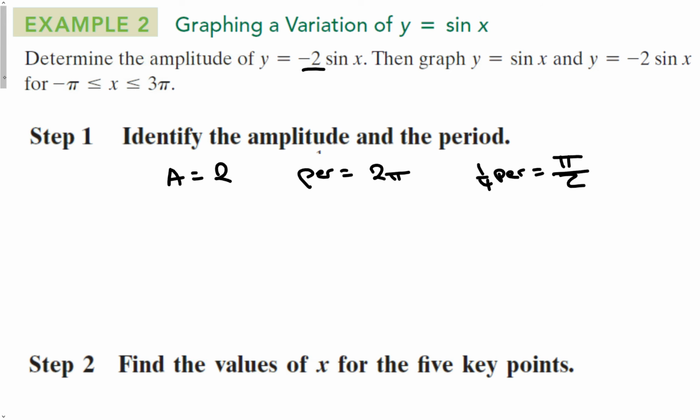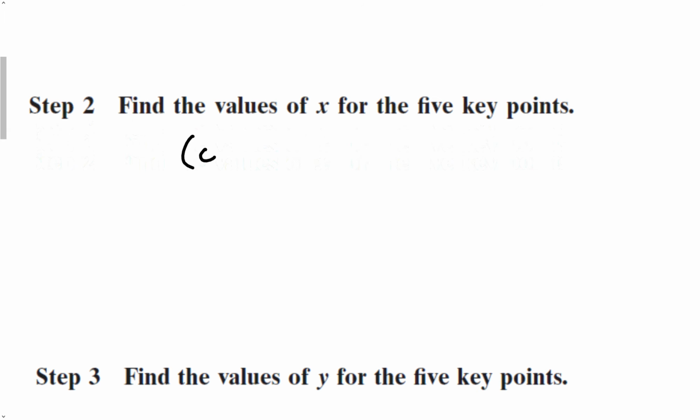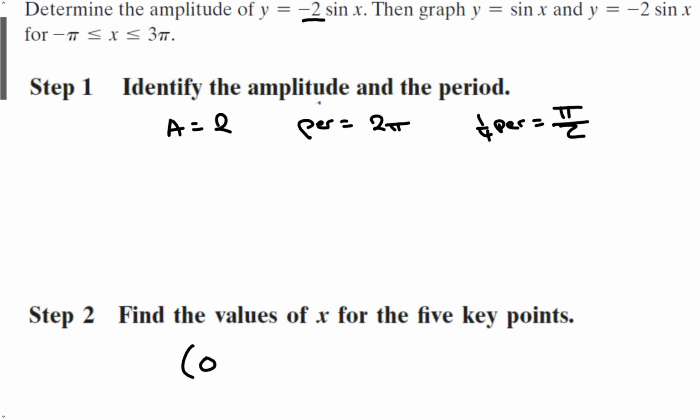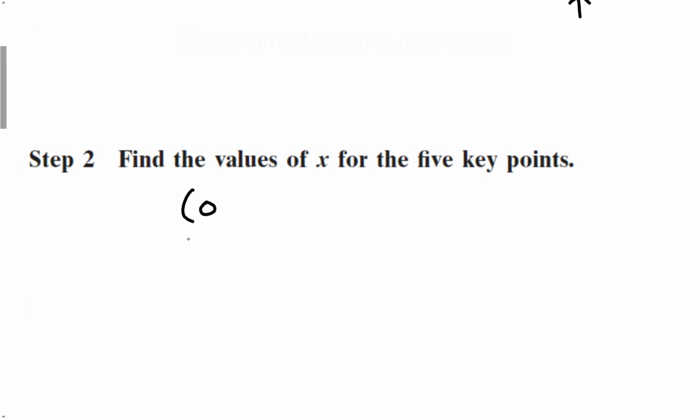So the x values for the 5 key points are going to start at 0, unless we get to something more later. Then I'm going to take pi over 2 and keep adding it to get my next point. So that's 0, pi over 2, pi, 3 pi over 2, and 2 pi.